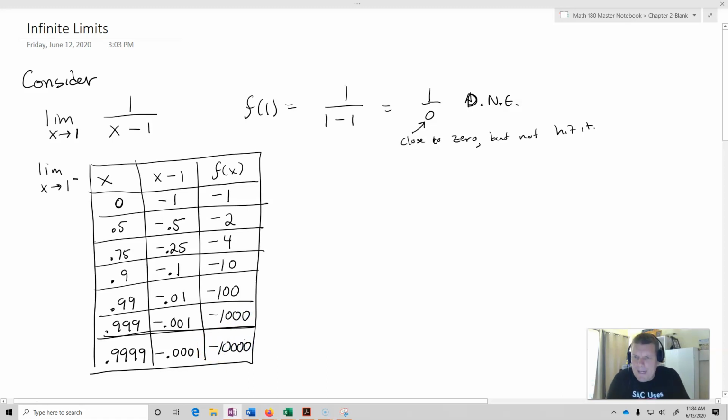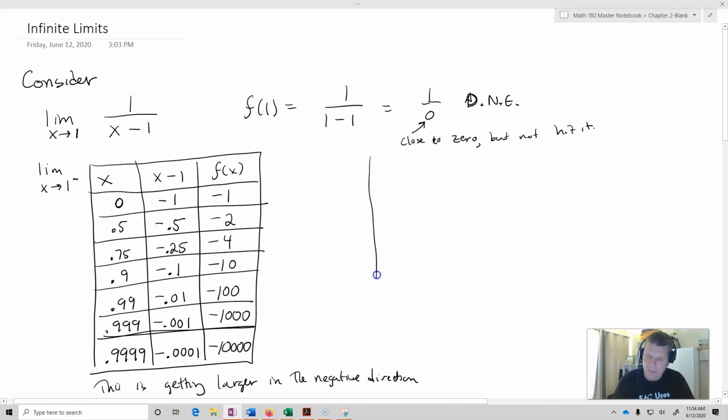So notice what's happening with 1 over x minus 1: as x approaches 1 from the negative side, we get a number that gets closer and closer to what we're going to call negative infinity. This is getting larger in the negative direction, so it's going down towards negative infinity.